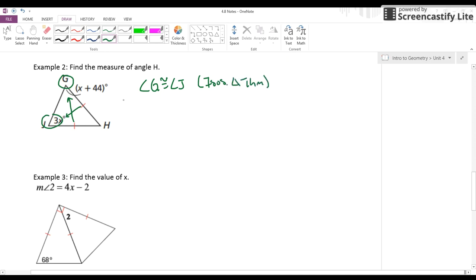Which then means, how would I set up my equation? Well, x plus 44 is going to equal 3x. Now, how is this going to help me find angle H? Because I want angle H, right? How is x going to help me find angle H? Well, remember, what do you know about all three angles in a triangle?